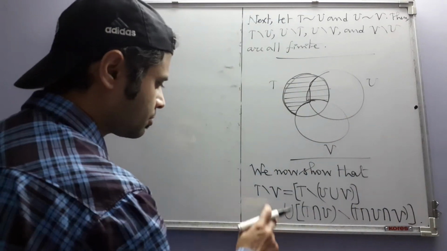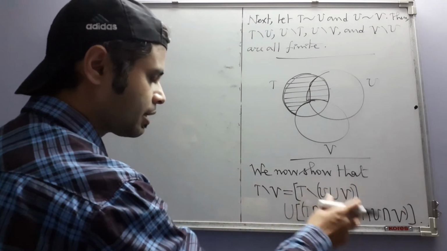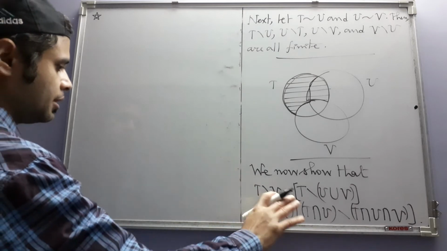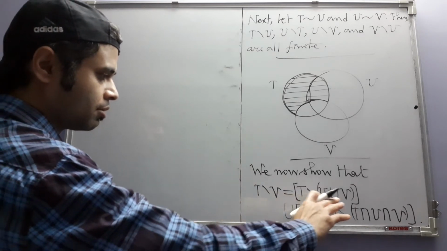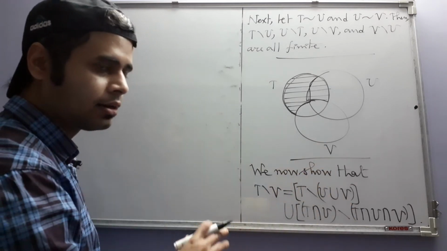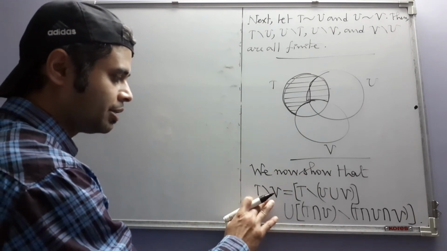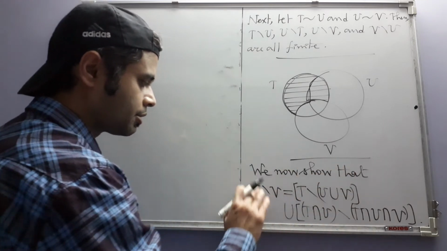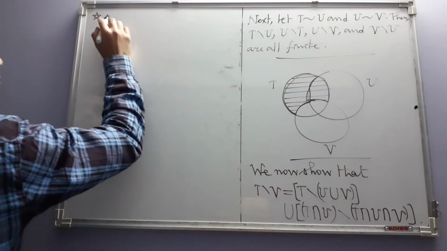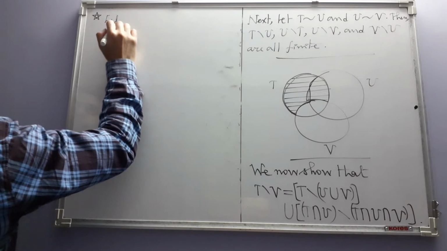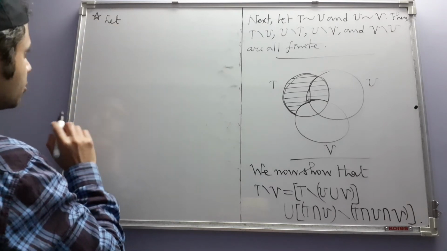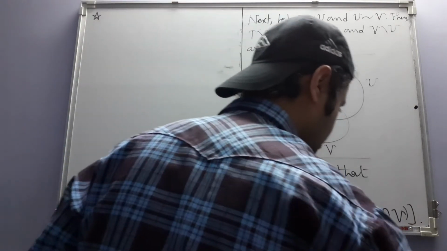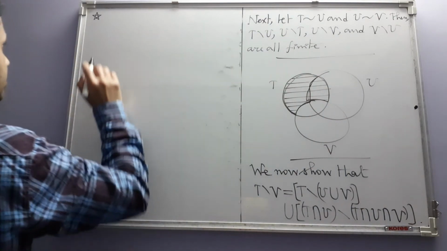So we need to now show that this is a subset of this and this is a subset of this. Without thinking more about what these sets actually are, we straight away take an element here, show that it belongs to this one, and an element here, show that it belongs to this one. So instead of starting with let, we are going to argue like this.